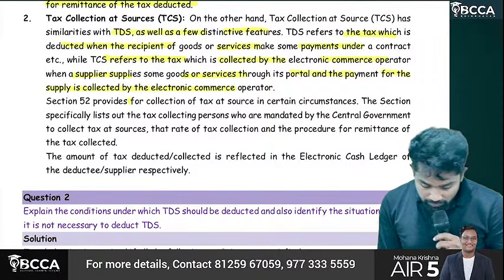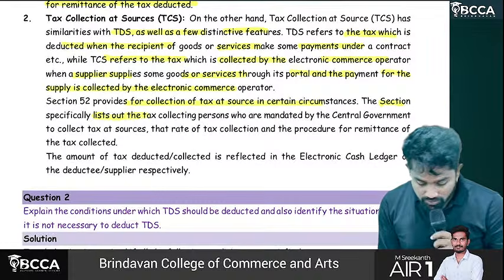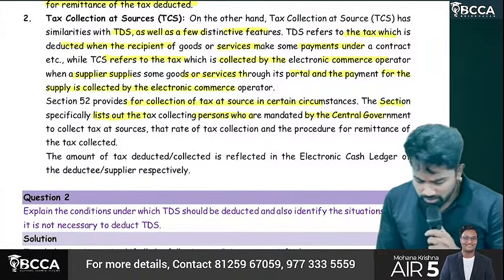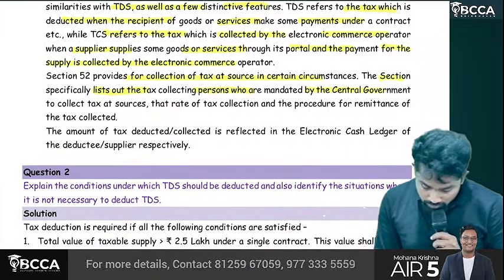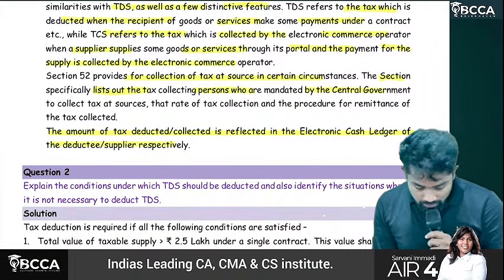Section 52 provides for collection of TCS. This section specifically lists out tax collecting persons who are mandated by the central government, nothing but e-commerce operators only. The amount of tax deducted or collected will be reflected in the electronic cash ledger.